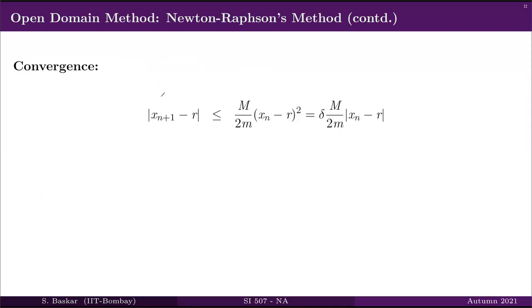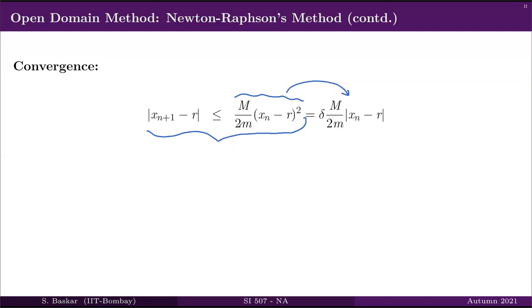Coming to the convergence part, you again take up the inequality that we have derived, and we can see that the right hand side can be written as delta times m divided by 2m into mod xn minus r.